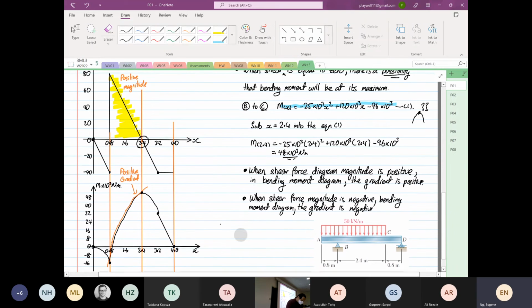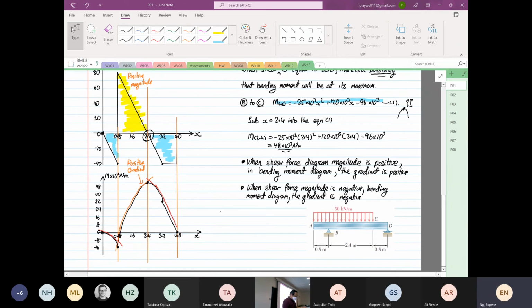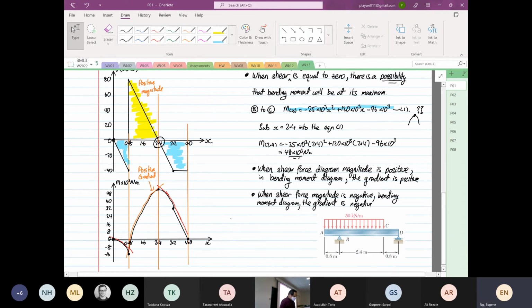So let's look at the blues. All these are what? Negative magnitude. So if we look at the gradient, they also look like what? Negative. Yes or no? It's coming down, right? It is negative. So from here, these are the things that you have to remember.